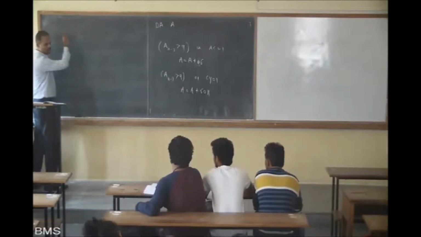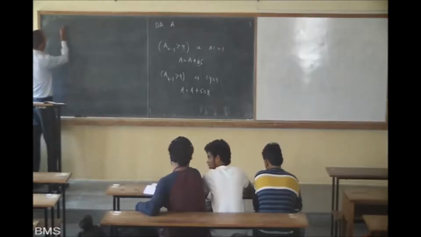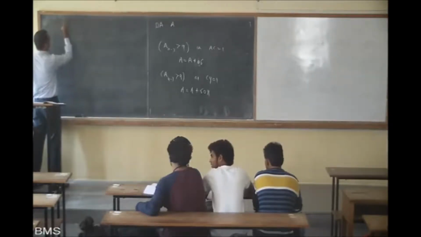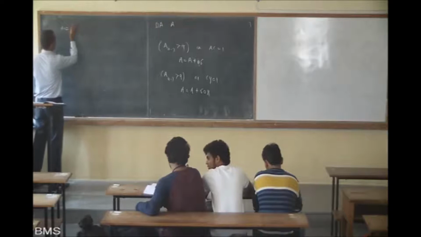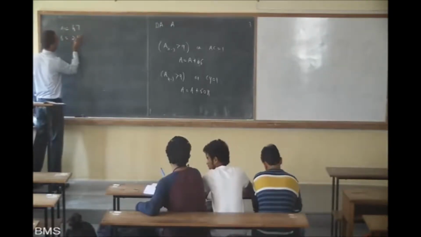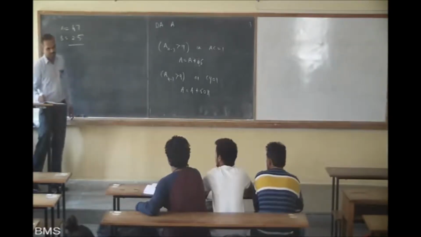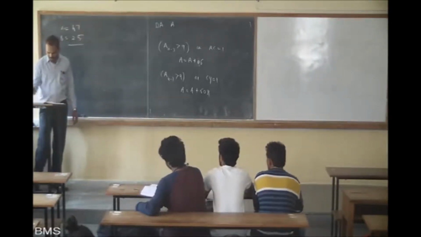We'll not write a program, we'll directly take an example. A equal to value, B equal to value, then add it and take the value. A equal to 47, B equal to some 25. Add it. I want the result in hexadecimal. Hexadecimal addition. Quickly.